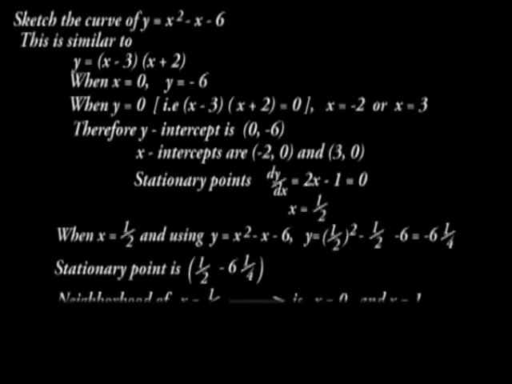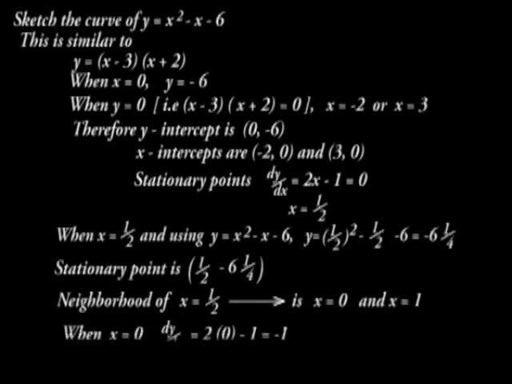The neighborhood of x is equal to a half is x is equal to 0 and x is 1. When x is 0, dy over dx is equal to minus 1. And when x is equal to 1, dy over dx is equal to 1.